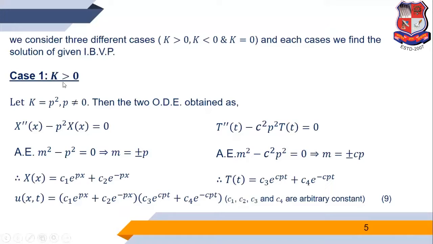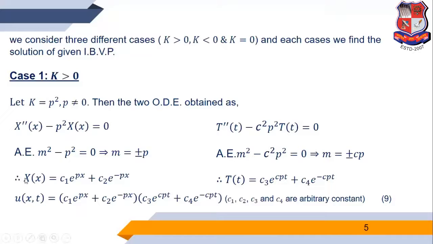So now we first consider k greater than 0. For k greater than 0, we can take k equal to p², and then we get two ODEs: X'' minus p²X equals 0. The auxiliary equation is m² minus p² equals 0, so m is equal to plus or minus p. Similarly, in the other equation m is equal to plus or minus cp.